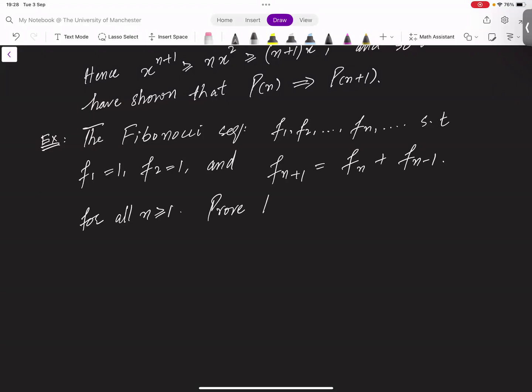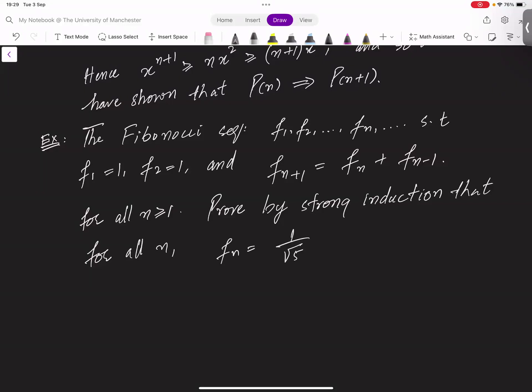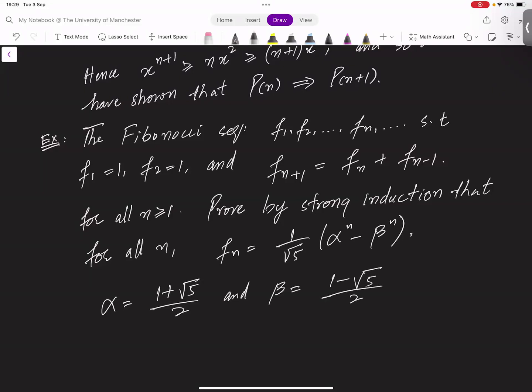Prove by strong induction that for all n, the nth term of this sequence is 1 over under root 5 times alpha power n minus beta power n, where alpha is 1 plus under root 5 over 2 and beta is 1 minus under root 5 over 2.